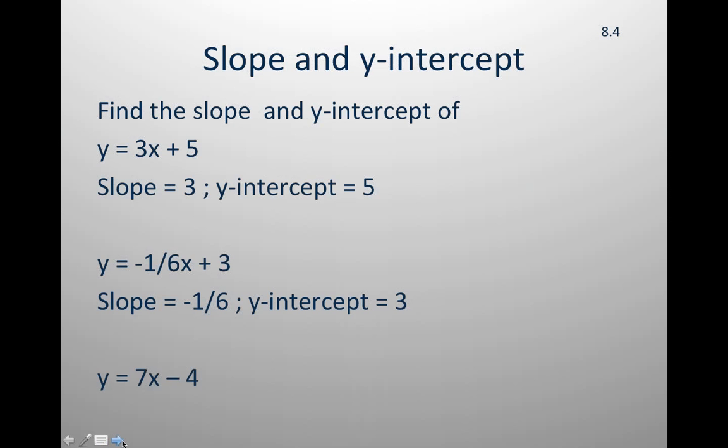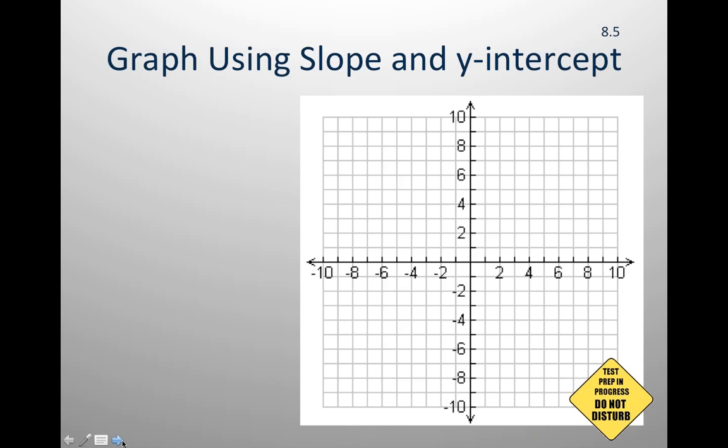In the equation negative 1/6 x plus 3, your slope is negative 1/6, and your y-intercept is 3. In the equation 7x minus 4, your slope is 7, and your y-intercept is negative 4.